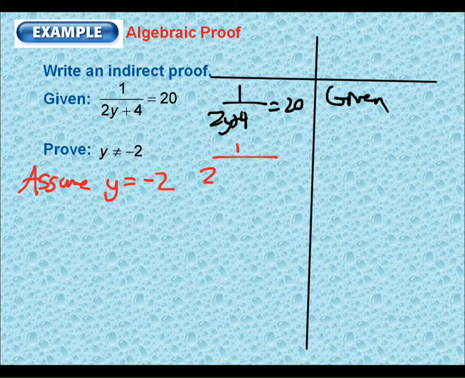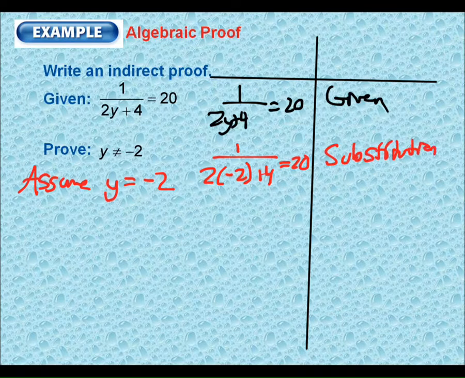We're going to start by putting that in place of y. What's my reasoning for being able to do that? I just substituted, right? Substitution. Next, we're going to just multiply. All we did was simplify here.